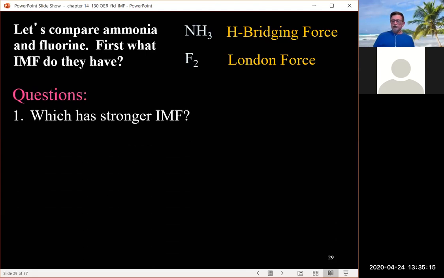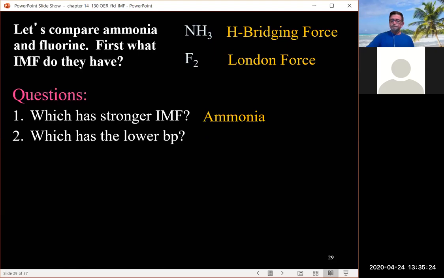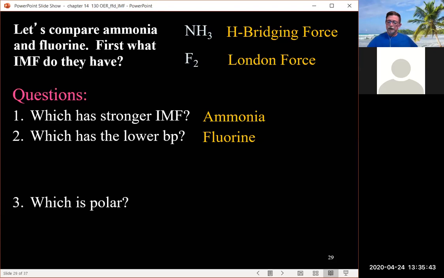And here, which has a stronger IMF? Well, ammonia, because ammonia has the hydrogen bridging force. Which has the lower boiling point? That would be fluorine, because it has the weaker force, the London force, okay?